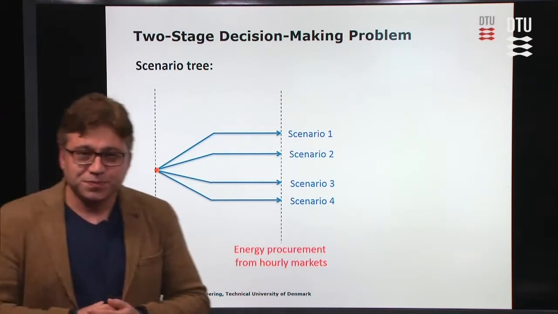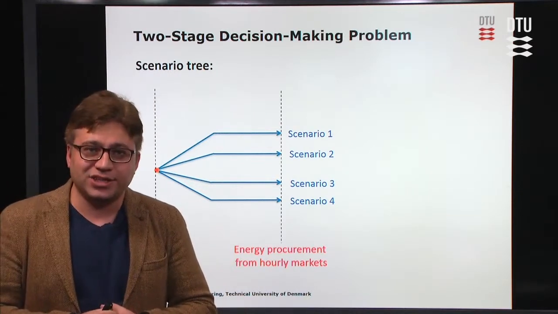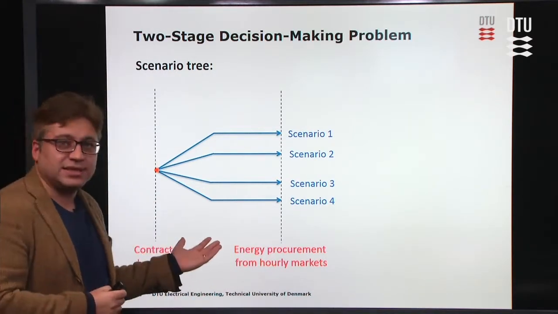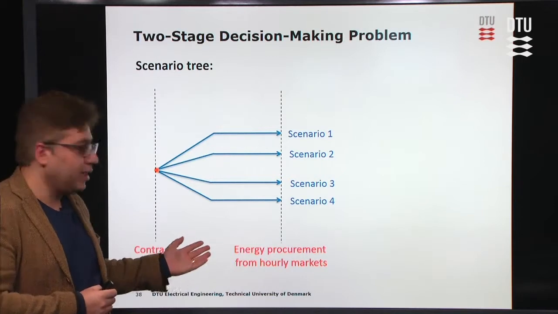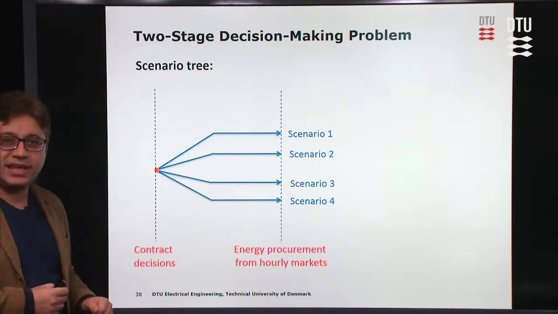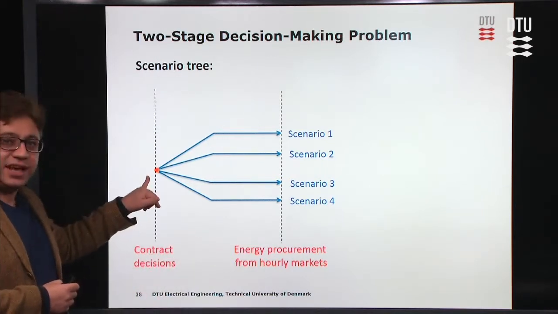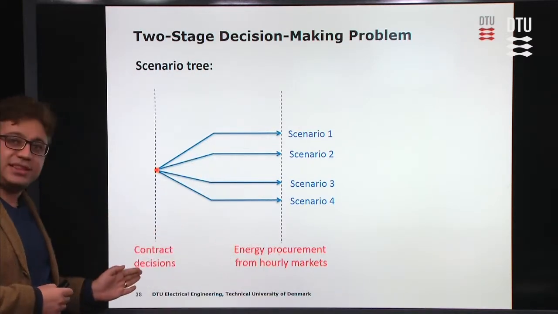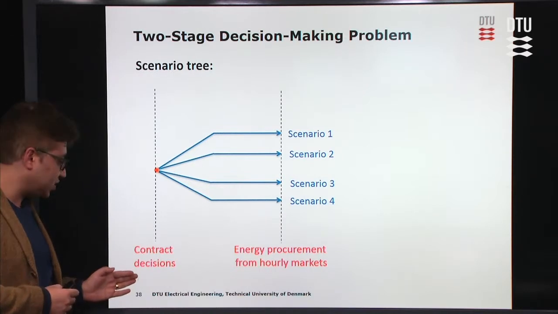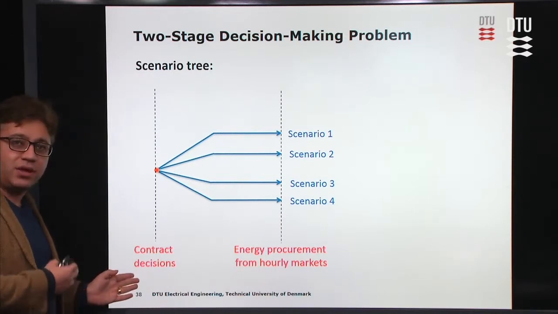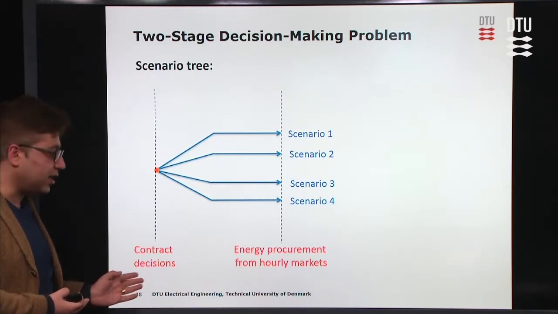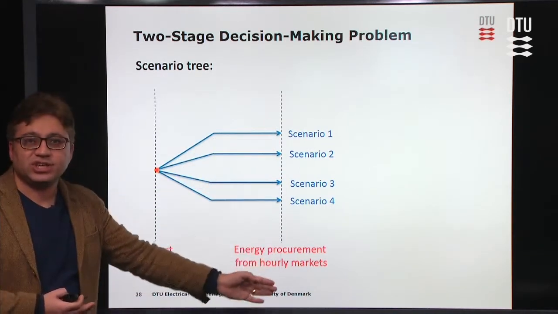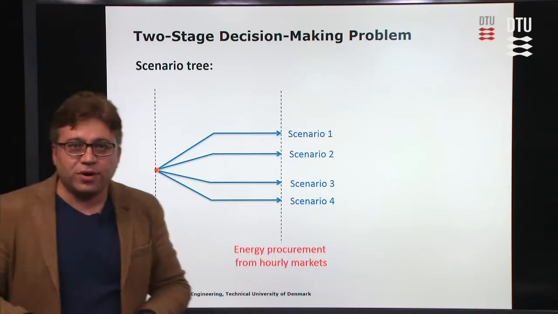Now we have a 2-stage decision-making problem, and we call this scenario 3. The first stage is the time that we should decide on bilateral contracts, to buy or not, while the second stage is our decisions from the market.